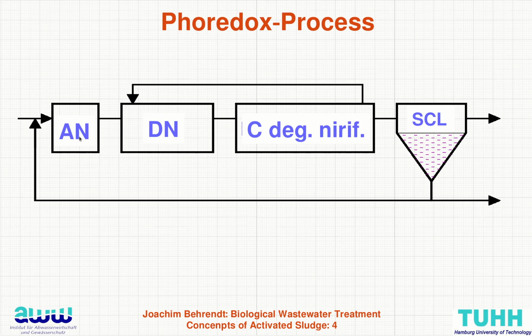We have as well this anaerobic tank beforehand, and after the anaerobic tank the water goes to the denitrifying reactor. There is no nitrate yet, but finally after this tank there is a step of C degradation and nitrification, and from this tank we have to recycle water backwards, because here nitrate is produced, and so if we bring this back we can denitrify this.